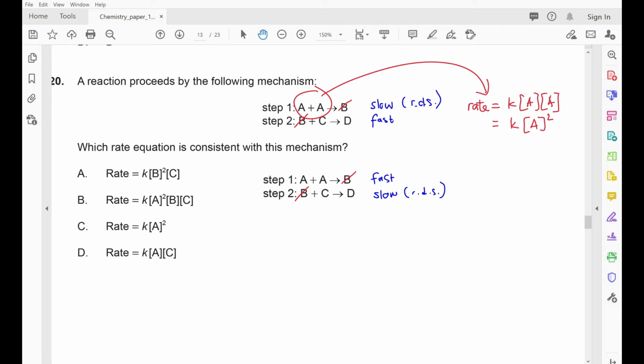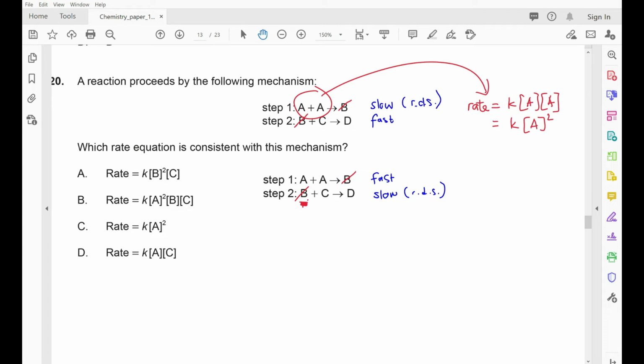rate equation. Now, for the second scenario, the rate determining step is step 2, but step 2 involves B, which is our intermediate formed in step 1. So the rate of step 2 actually depends on how fast step 1 reacts.